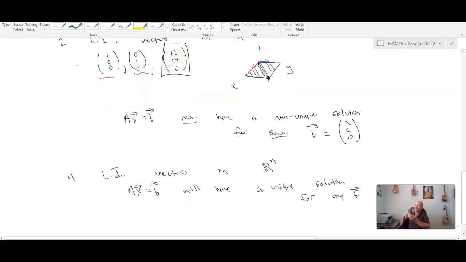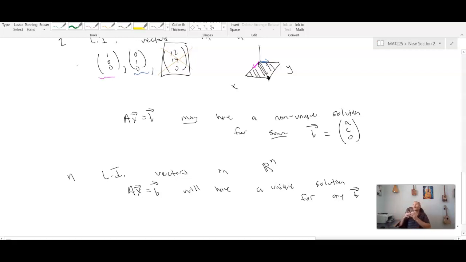And the reason this becomes important is because for systems that have linearly dependent vectors, the mathematics can actually become a little bit more challenging to execute. So we like linear independence.